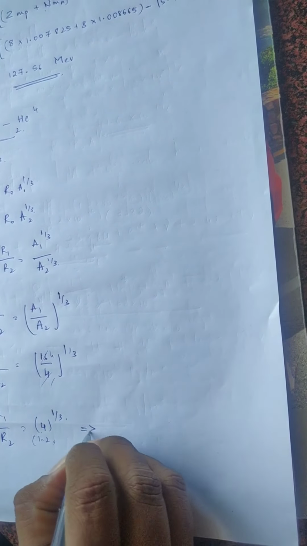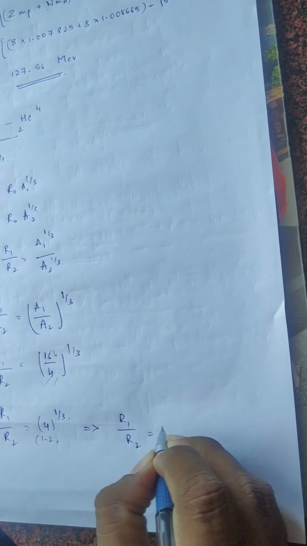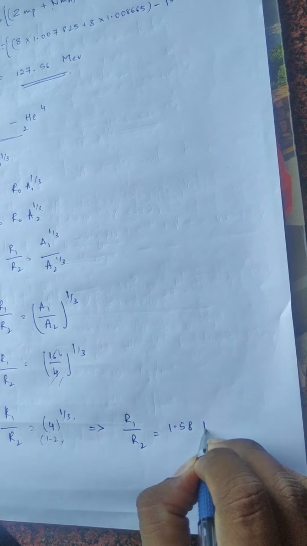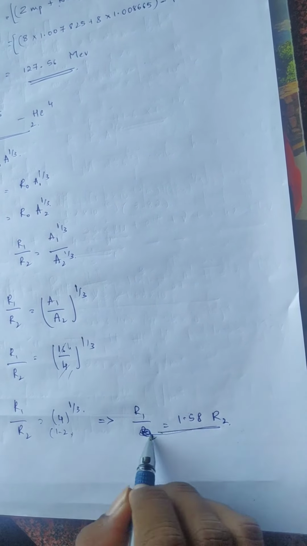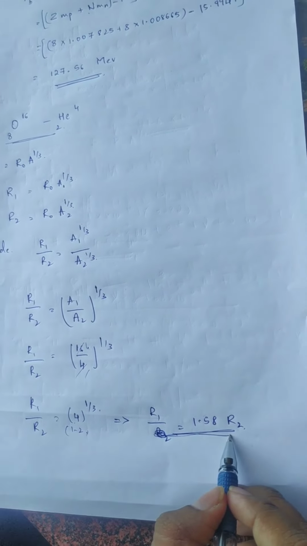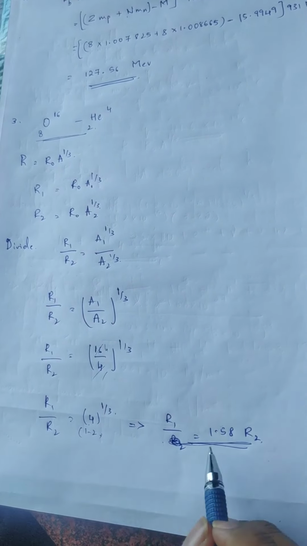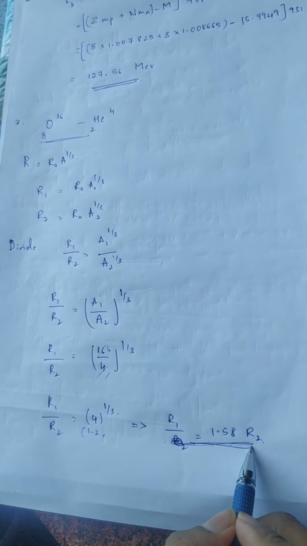Therefore r1 by r2 is nothing but 1.58. Sorry, r1 is nothing but 1.58 times r2. So the radius of oxygen is 1.58 times the radius of helium. This way you can solve this problem.